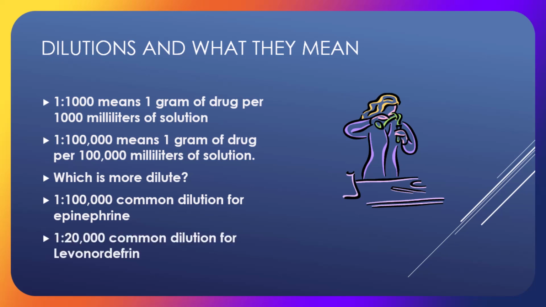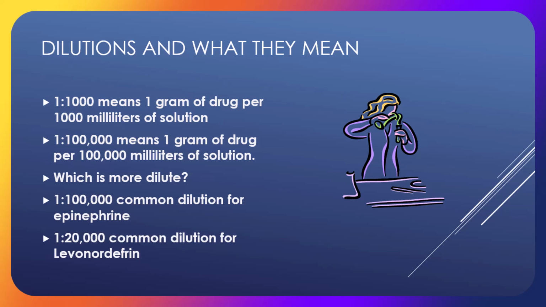1 to 20,000 is a common dilution for levonordefrin. Levonordefrin is a synthetic vasoconstrictor. It is typically just found in 2% mepivacaine at a 1 to 20,000 ratio. It's 1/6 as potent as epinephrine, but it is manufactured in a higher concentration, the 1 to 20,000, to achieve the same effect as the 1 to 100,000.